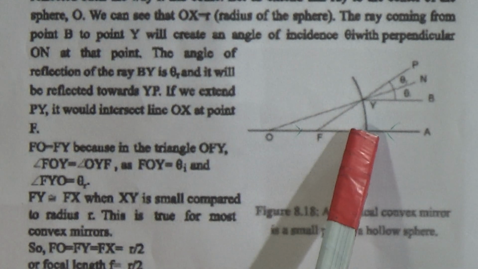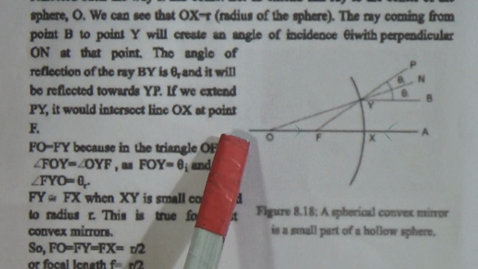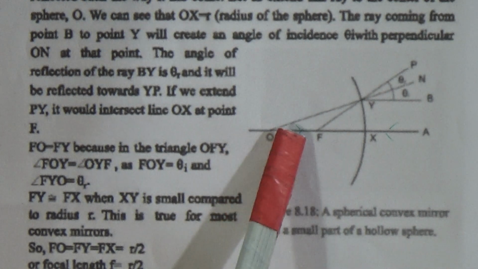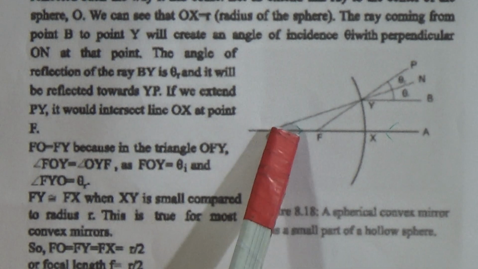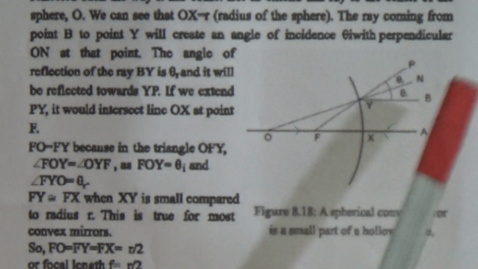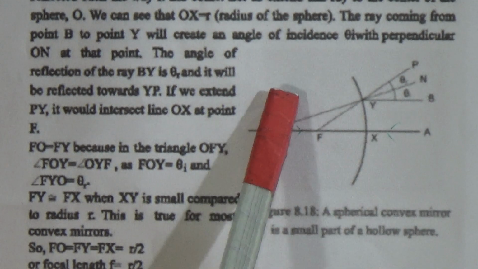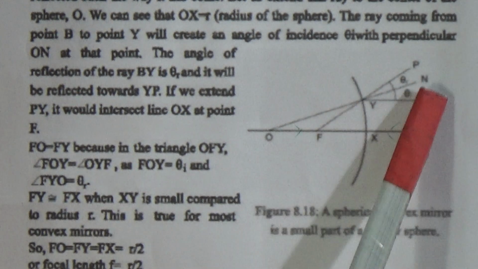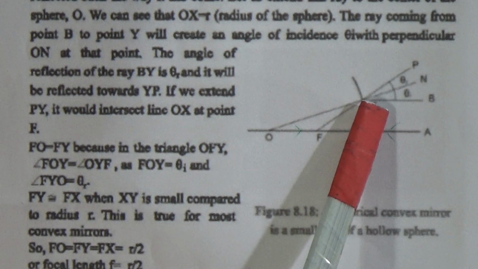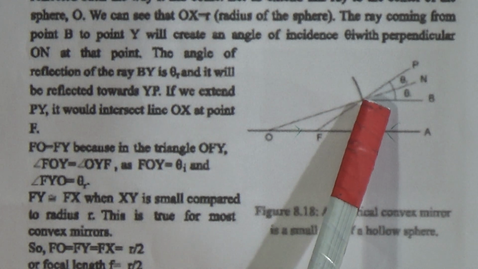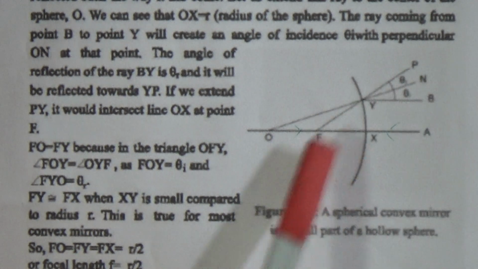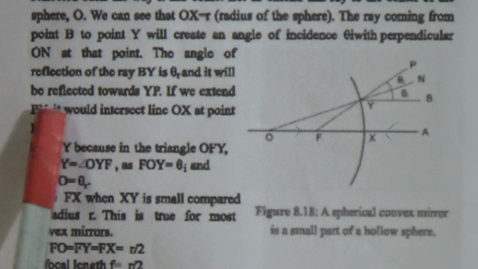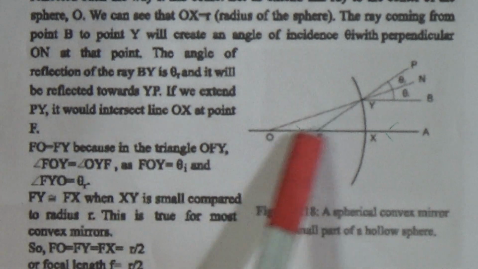Let us extend this ray to the center of the sphere, that is O, and we can see that OX equals R. This is the radius R. The ray coming from point B to point Y will create an angle of incidence theta I with the perpendicular ON at that point. The angle of reflection of the ray BY is theta R, and it will be reflected towards YP.